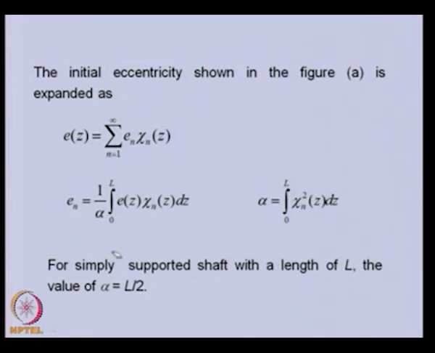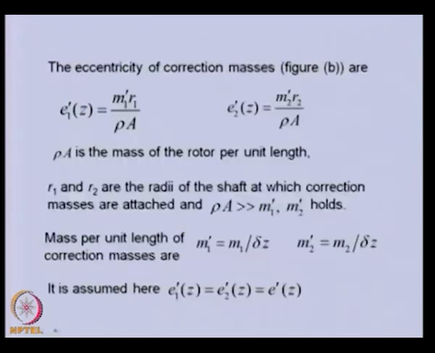For the simply supported case, we already know alpha will be L by 2, because this is a sine function, and if we evaluate this value, it will be L by 2 for the simply supported boundary condition. But for other boundary conditions, the eigenfunction will change and the corresponding alpha will change.